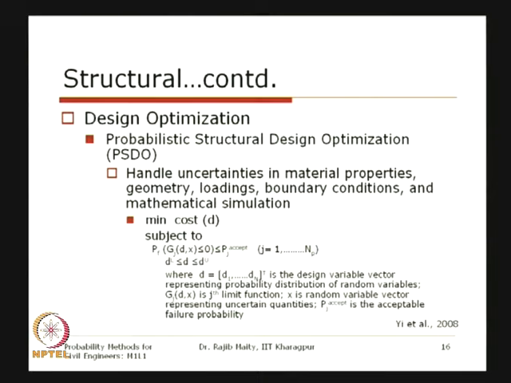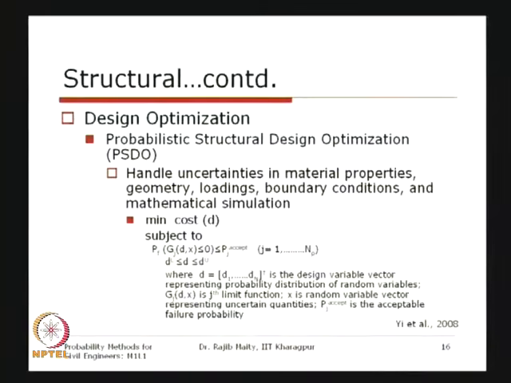Here one example of an overall problem is shown, where it says to minimize the cost subject to the probability of failure, written as PF. The probability of failure is defined as G_j(d,X) less than 0. This event must have a probability less than PJ accept, the acceptable probability.